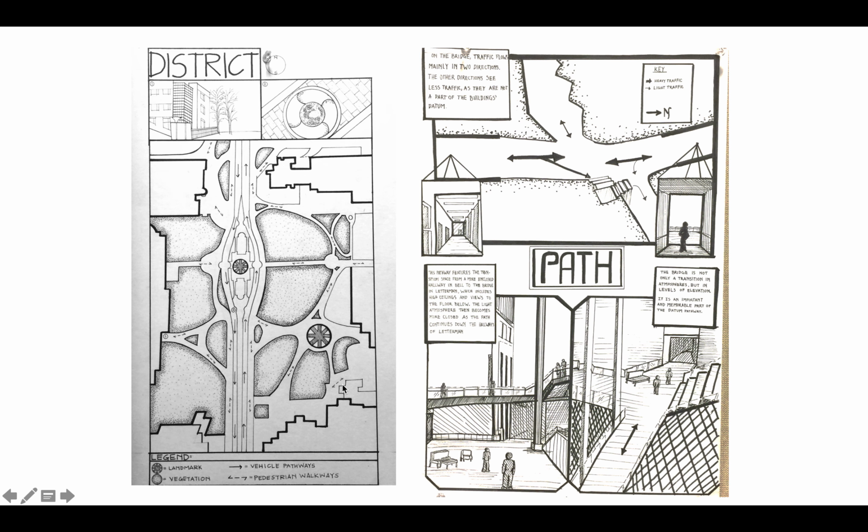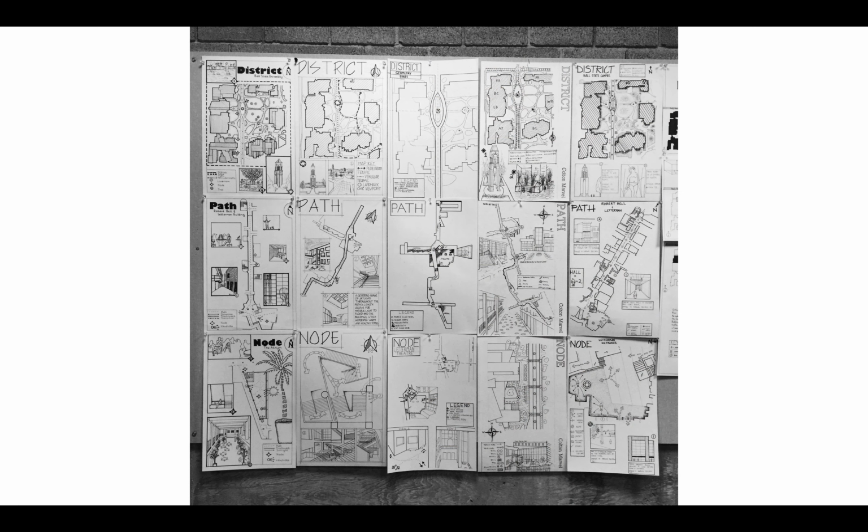Some very, very careful work here, careful lettering and careful tone, describing these different path-space relationships occurring in outdoor situations as well as interior corridors and hallways and nodes and meeting spaces and the like. So we pinned all these up in past years and started to really enjoy the different variety of diagrams and drawings and visual notes that came together.